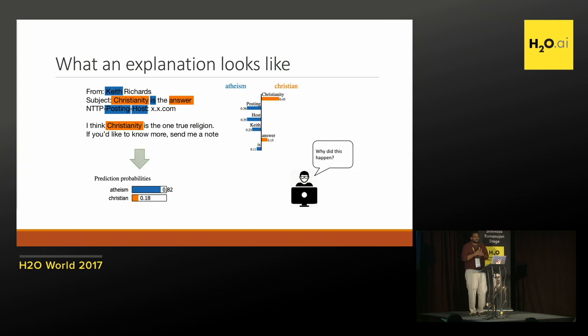So now suddenly we had no idea earlier why the classifier was getting this wrong. Now, not only do we have an idea, but we kind of know what the problem is. The problem is we wanted the classifier to only look at the body, and we let everything else in, assuming that it wouldn't cause a problem. But clearly, having the header in there causes a huge problem, right?